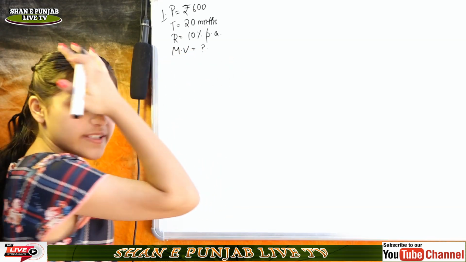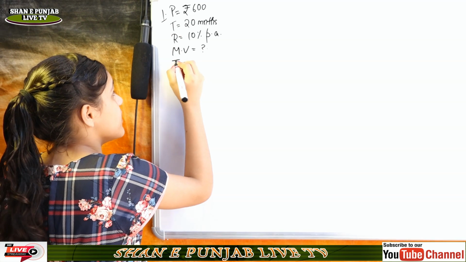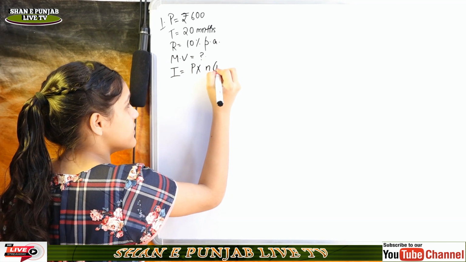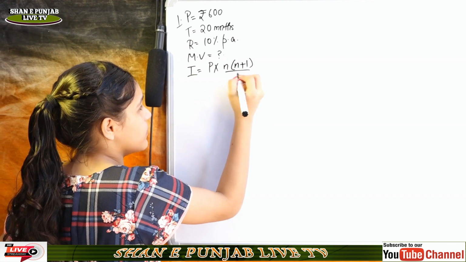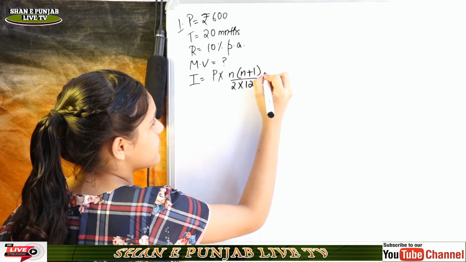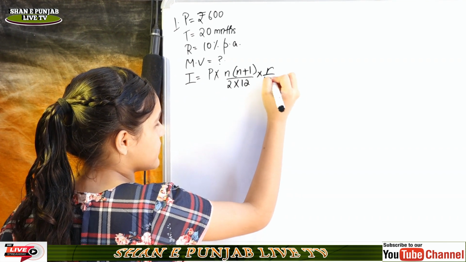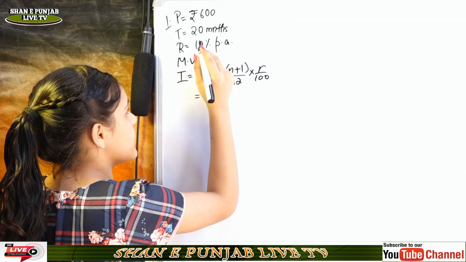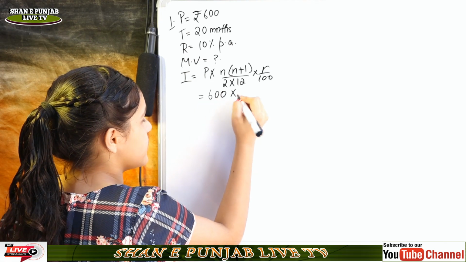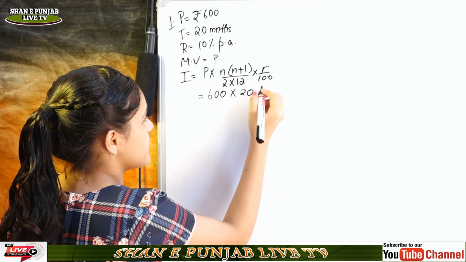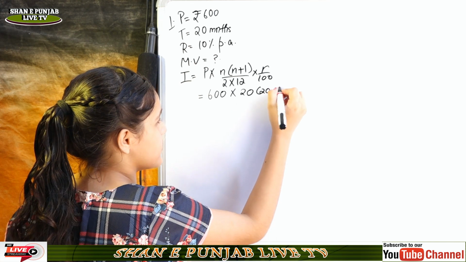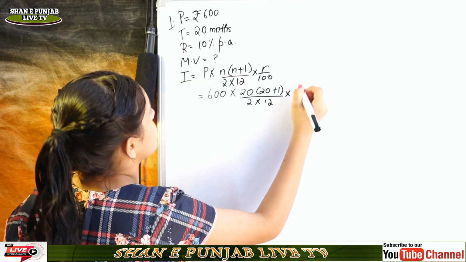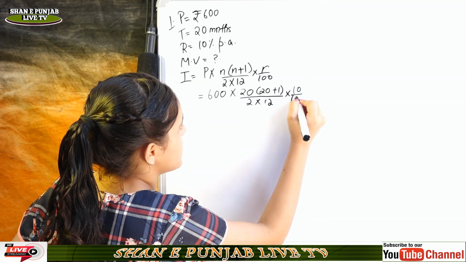For that, firstly we have to find the interest, for which the formula is P into n plus 1 over 2 into 12 into r upon 100. N here is time, P is 600 into n is 20 into 20 plus 1 over 2 into 12 into r is 10 upon 100.